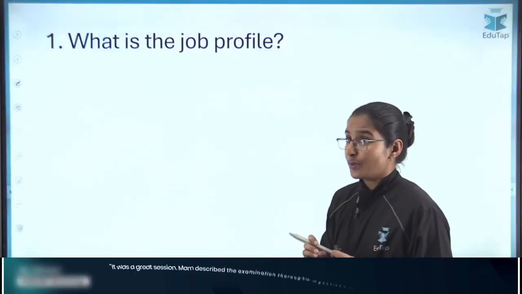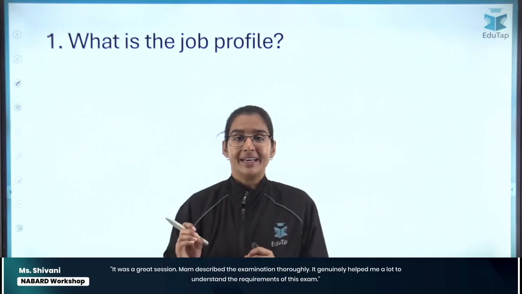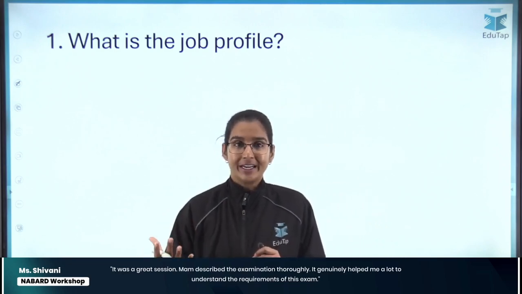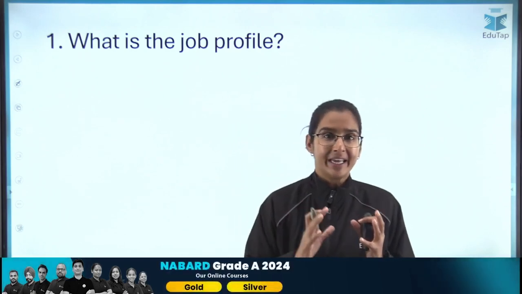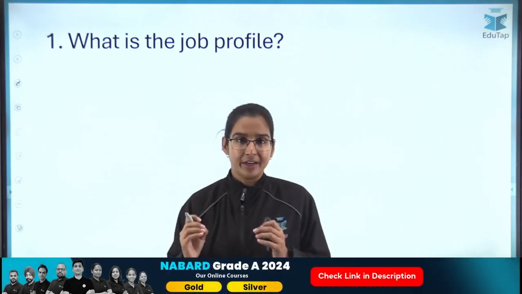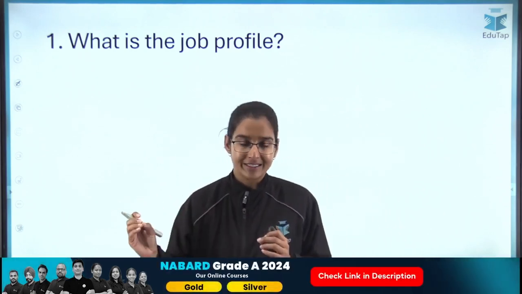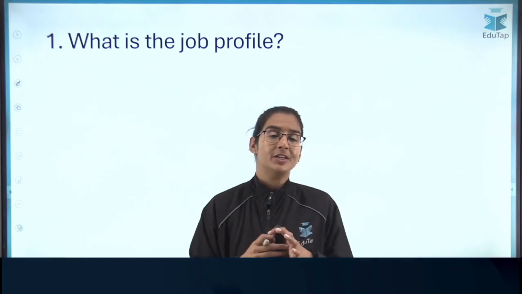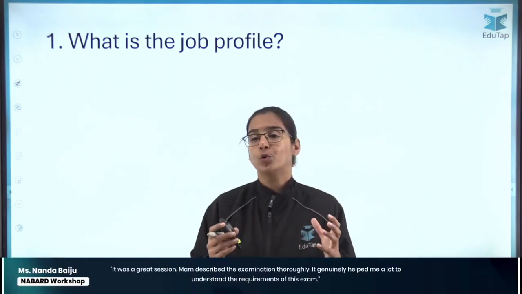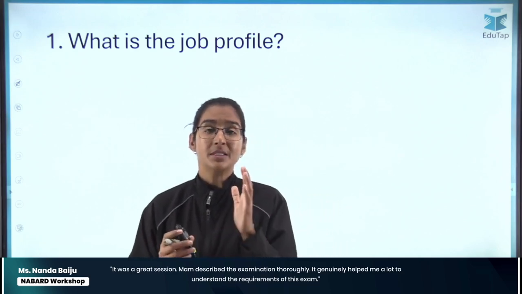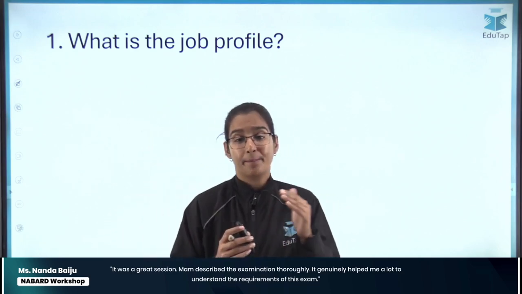First of all, the first question which comes in any person's mind is, what is the job profile we get by getting selected in NABARD Grade A? So NABARD Grade A basically means assistant manager in the NABARD organization, and this organization basically works for the refinance activities. So here you don't have to deal directly with the customers, but you are going to deal with the banks, right?